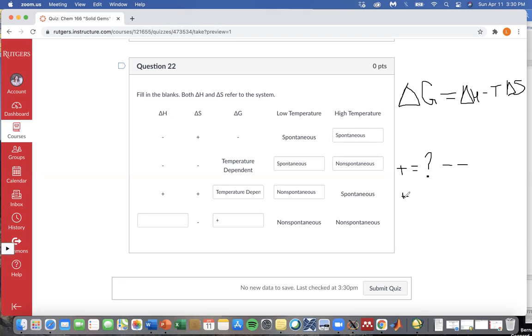So it would be positive equals blank plus a number. So then what would this have to be in order to make sure that it was always going to be positive? If you're adding a positive number, you want to make sure it's always positive. What would it have to be? Positive. Exactly. So that would be positive.